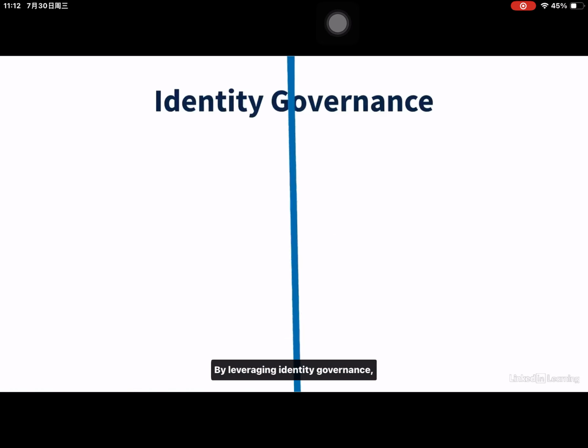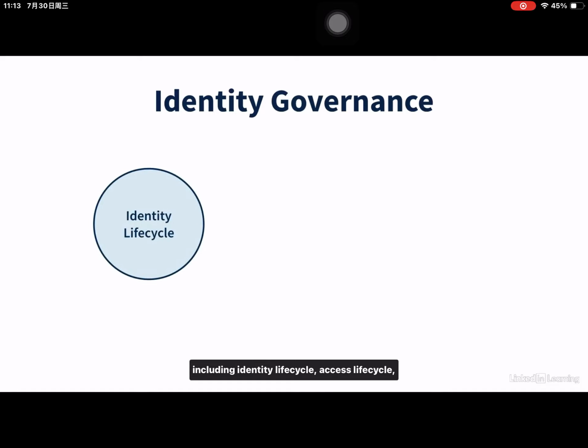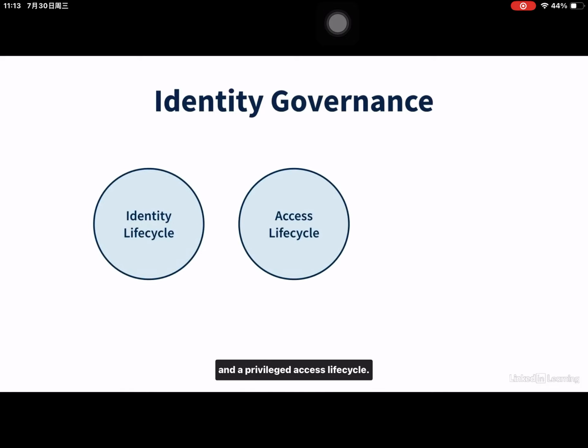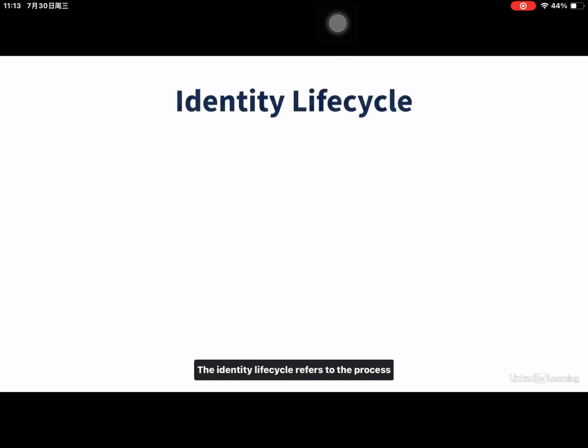By leveraging identity governance, organizations can effectively govern 3 critical workflows, including identity lifecycle, access lifecycle, and privileged access lifecycle. The identity lifecycle refers to the process of managing a user's identity. It typically follows a human resources workflow.